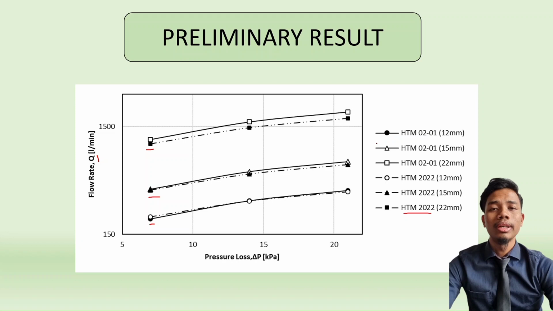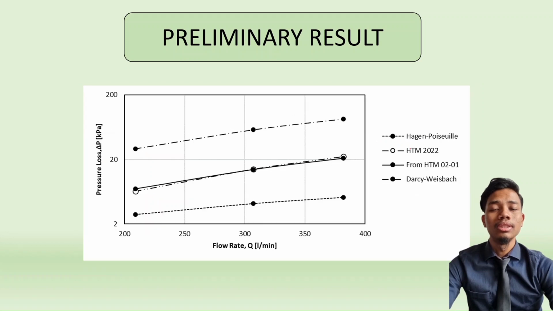The Darcy-Weisbach and Colebrook-Harlan equations are used to calculate pressure drop for a specified case. Afterward, the graph of pressure drop against flow rate is plotted and then compared to the data from HTM-0201, and also values calculated using Hagen-Poiseuille and the HTM-2022 pressure drop equation.